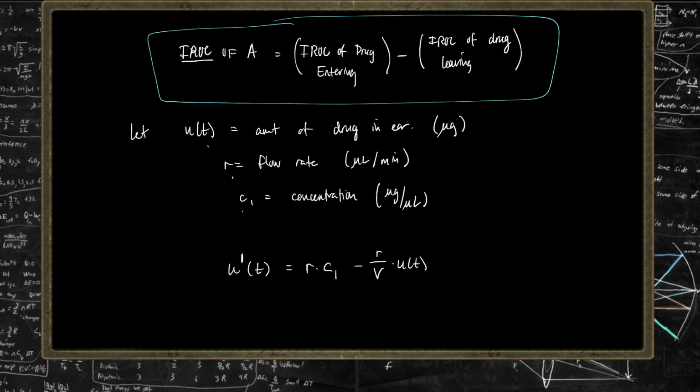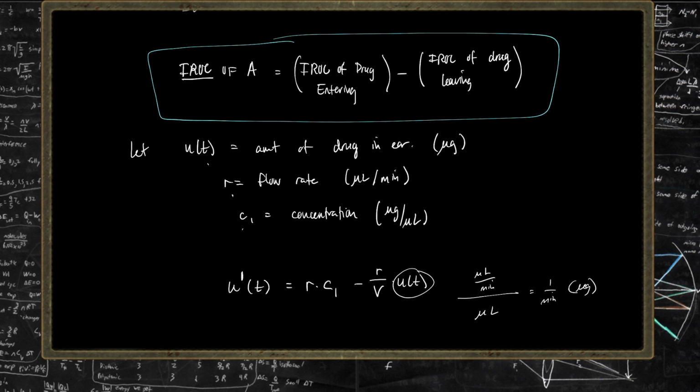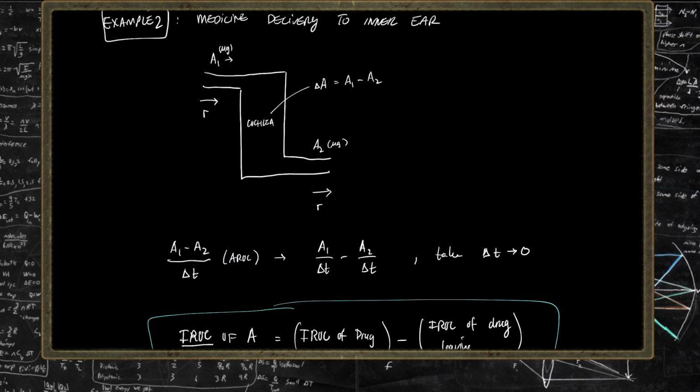The units of microliters per minute all over microliters. And so that reduces to just the units of 1 over minutes, or frequency, times the amount of the drug itself, which is micrograms. Okay, and so now our units kind of resolve here. And another way you can think about this is just how much U of t, how much of the drug is in the chamber.